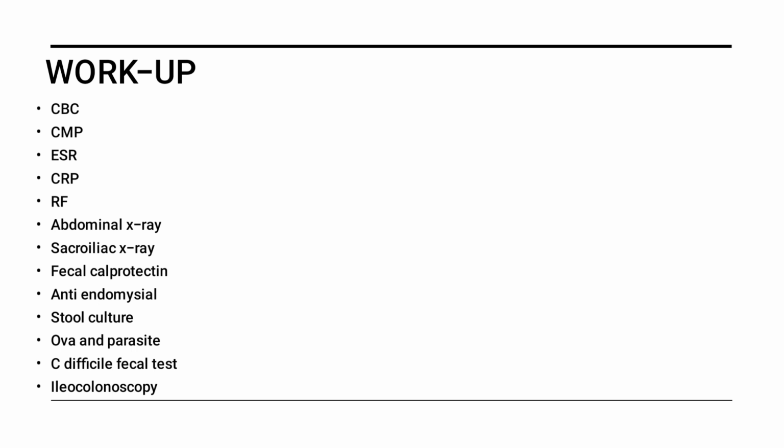Okay, and the most important is ileocolonoscopy. Usually you will not go through colonoscopy or endoscopy at the beginning in your differentials, but in this case there is a rectal bleeding with weight loss and also diarrhea for a long time.